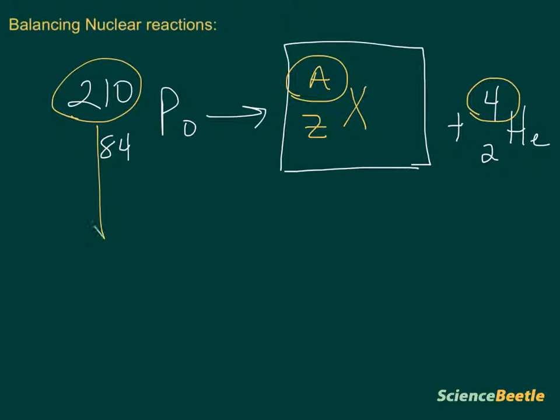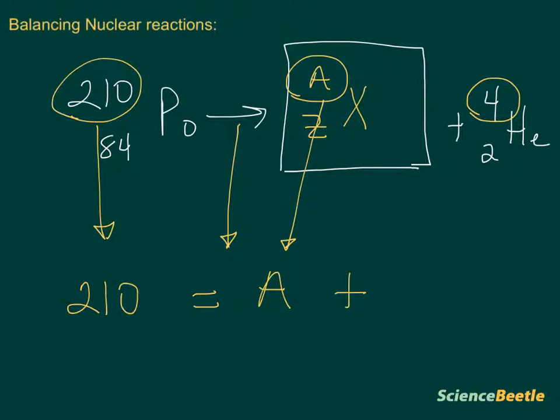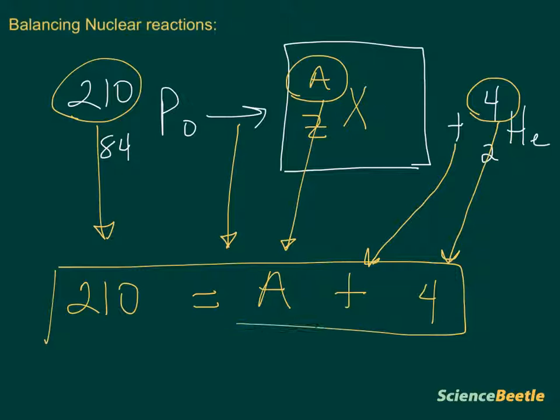We'll say 210, we'll bring the arrow down and convert that to an equal sign. It's going to give us some A number, which is this one here, plus, we'll bring the plus sign down, and then the number at the top, which is the 4.